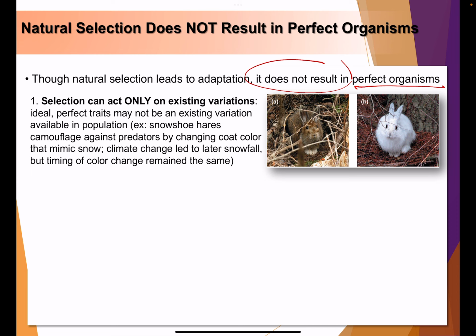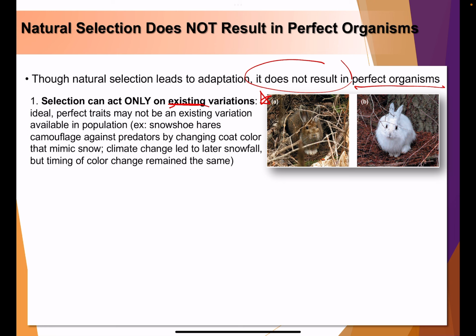First, selection can only act on existing variation. Existing is the key word there. Ideal perfect traits may not actually be in the existing variation available in the population. For example, this picture depicts snowshoe hares, a type of rabbit that camouflages against predators by changing their coat color to mimic snow. That's why you see a brown tan hare here versus a white bunny here.